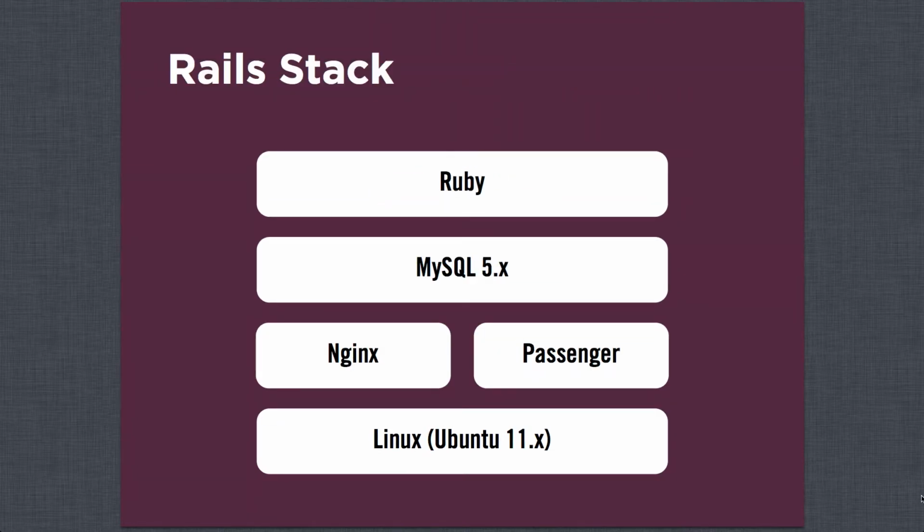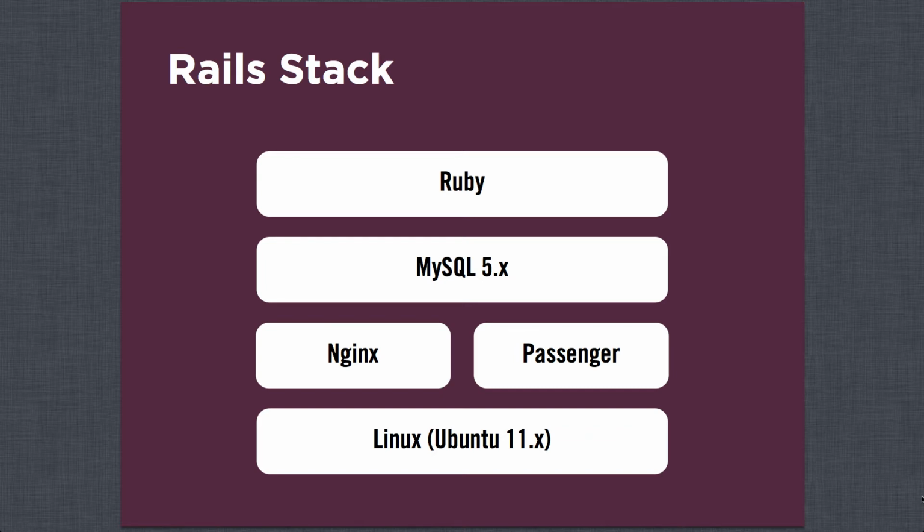And this is what you might see in a typical Ruby on Rails stack. And this is simplified, and there are definitely more complicated ways to run a Rails stack. But again, our foundation operating system is Linux. Our web servers are Passenger and Nginx for actually dealing with the web connections. We still use MySQL 5, and then we need Ruby as our language support.